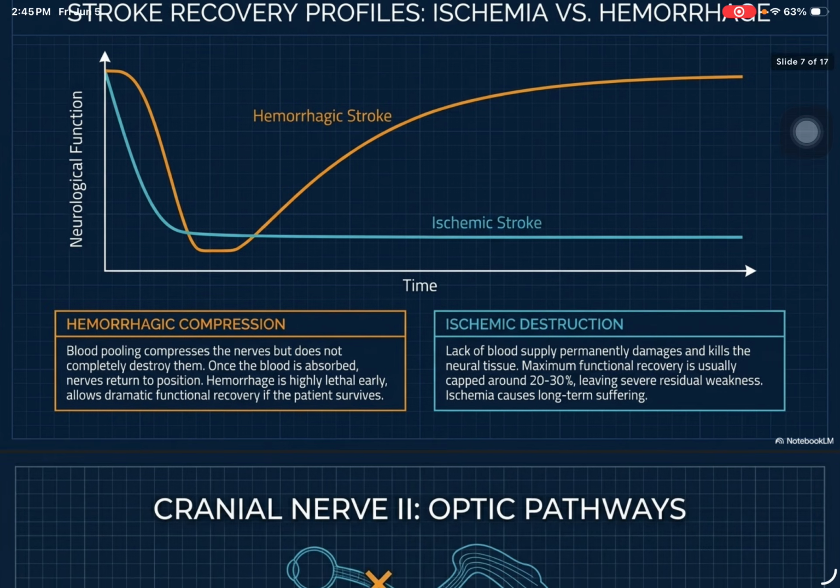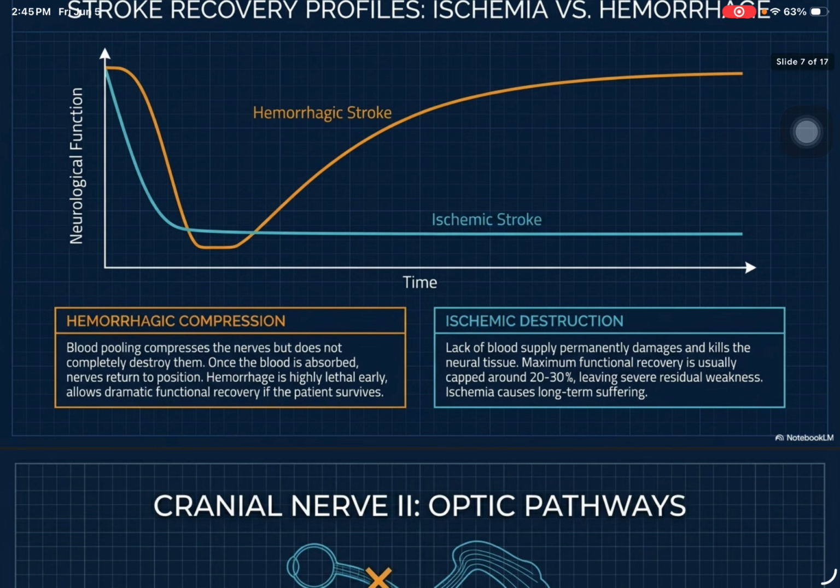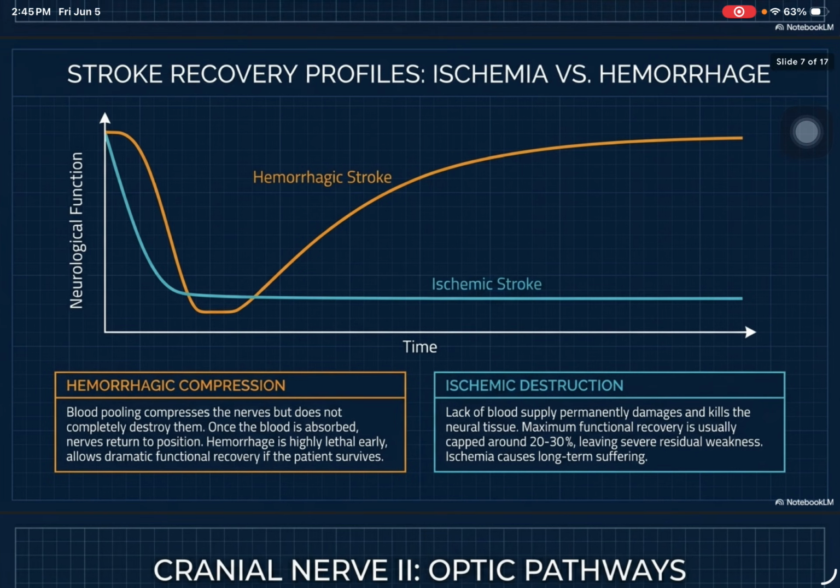In hemorrhagic stroke, blood pooling compresses the nerves but does not completely destroy them. So once the blood is absorbed, the nerves return to their original position. Hemorrhage is highly lethal early, but allows dramatic functional recovery if the patient survives.